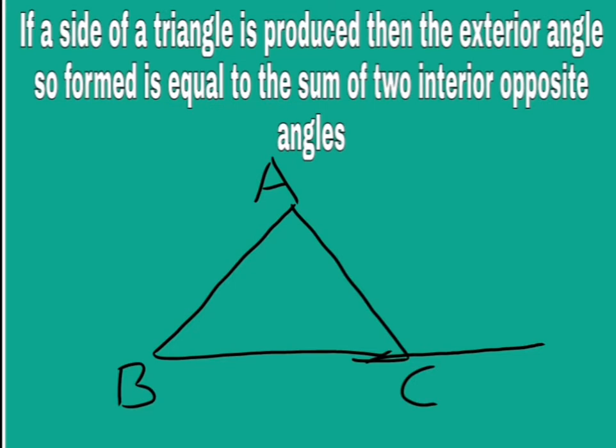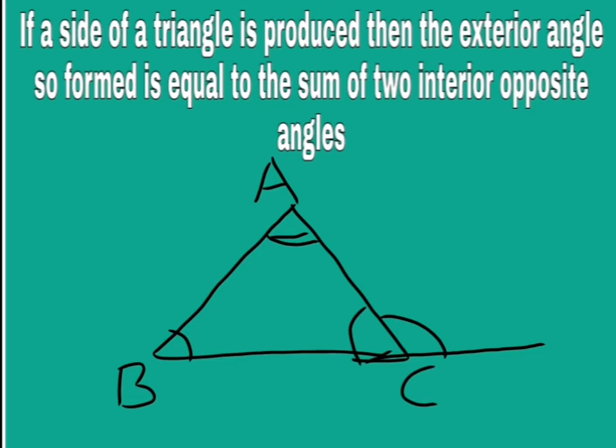So when you extend the side, you get one angle outside the triangle, right? Which is called an exterior angle. This exterior angle will be equal to the sum of the two interior opposite angles. In the triangle, as we all know, there are three angles. Whatever angles we get inside the triangle, we call interior angles. Whatever angle we get outside the triangle, we call an exterior angle.